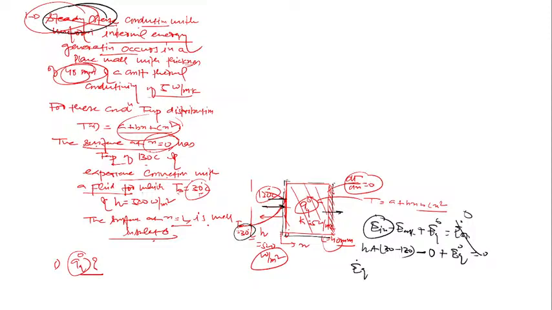Then E generation is equal to h, which is given as 500, times area A, times minus 100, then minus and minus become plus, 5 into 10 power 4 A. It's in watts. But they're asking for QG.